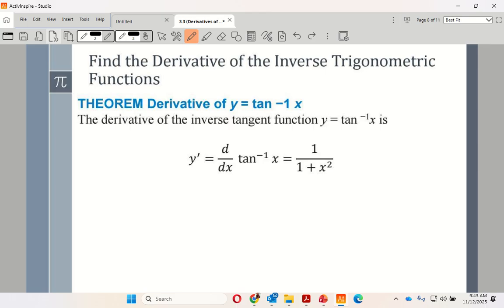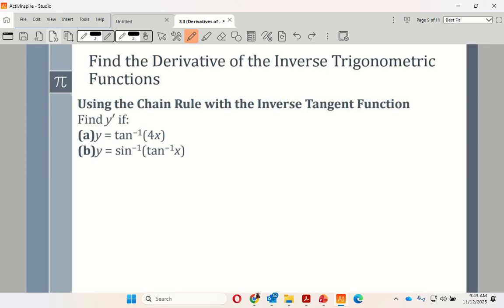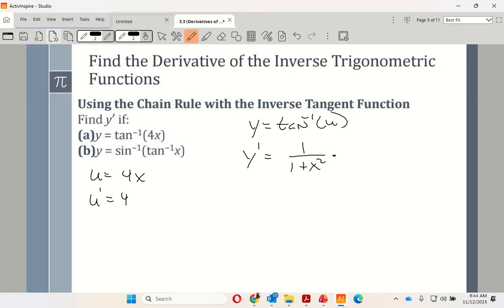So keep this slide on speed dial. Let's look at this one. Arctangent 4x. What's my u? y is arctan u, y prime is 1 over 1 plus u squared times u prime. Oh, it's u squared.